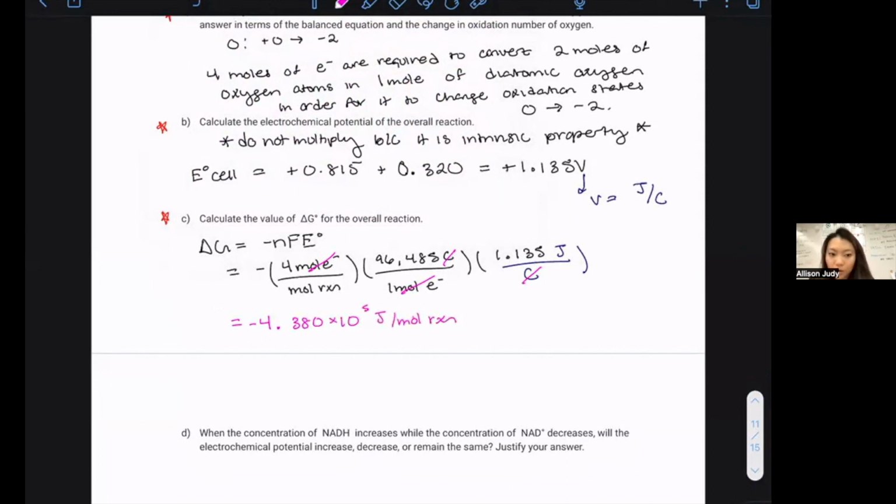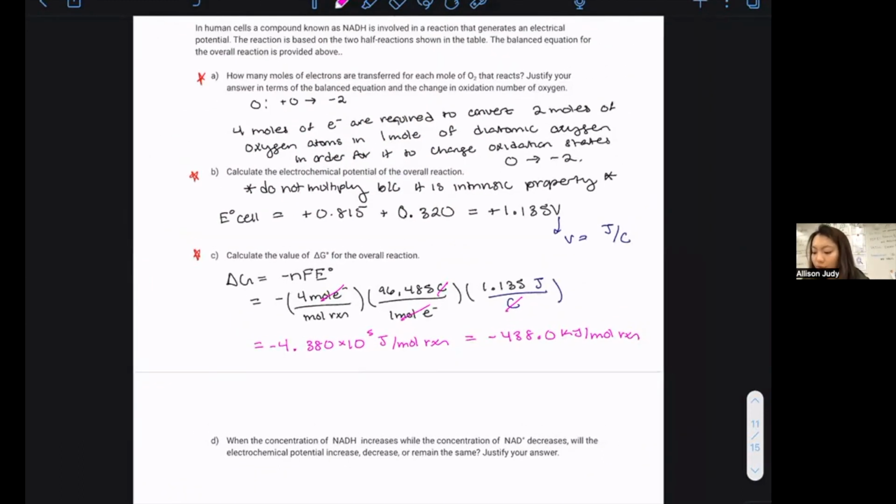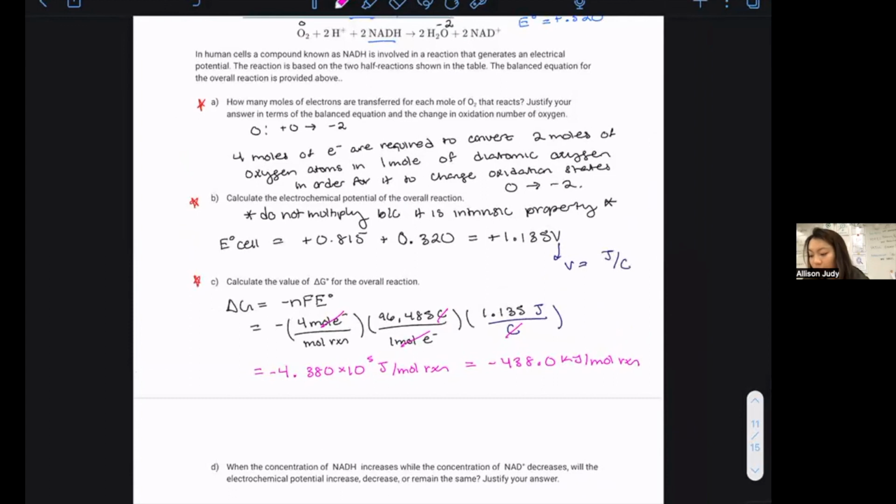And of course, you are welcome to convert that to kilojoules, so -438.0 kilojoules per mole of reaction. And that would be our final answer for this part of the short FRQ.